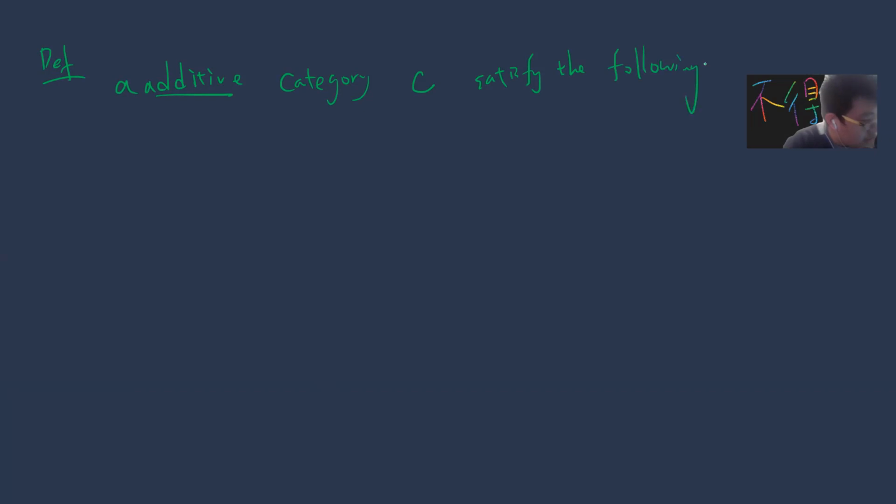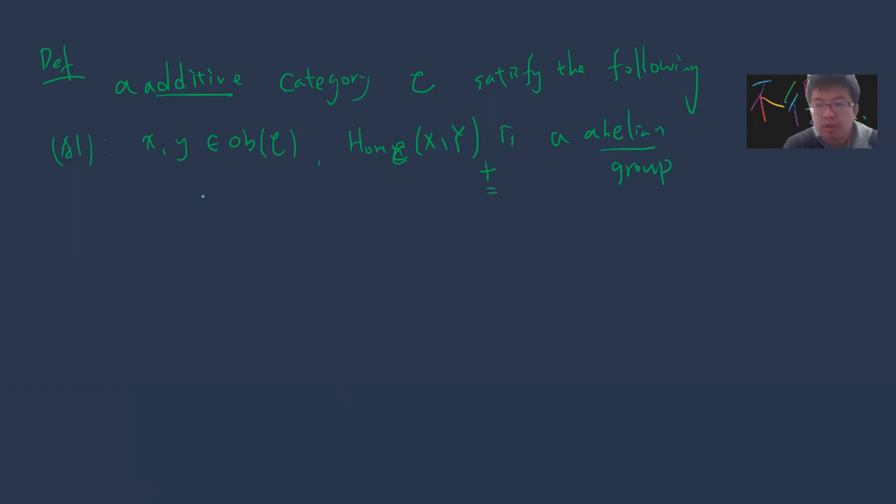First, given any two objects, let's say X, Y, which are objects of C, the hom set Hom_C(X, Y) is an abelian group. In general, this hom set is just a set, right? It need not be an abelian group. So there's an additional structure that makes it an abelian group, and I usually use addition as the group operation.